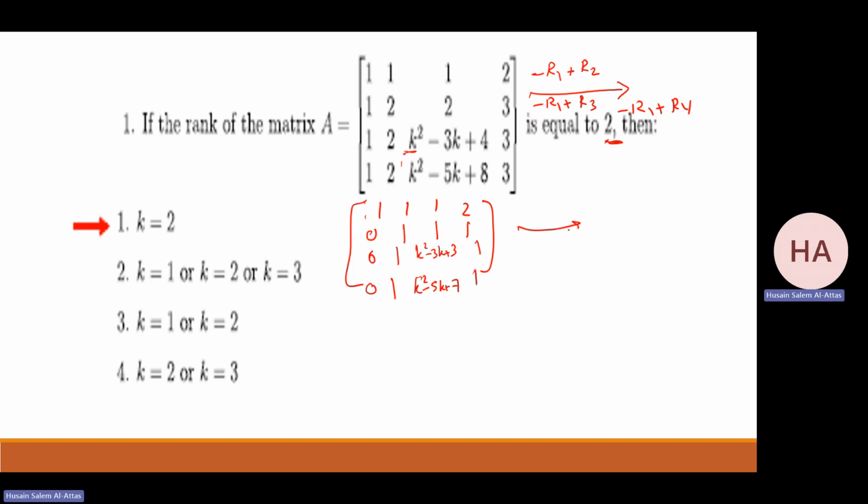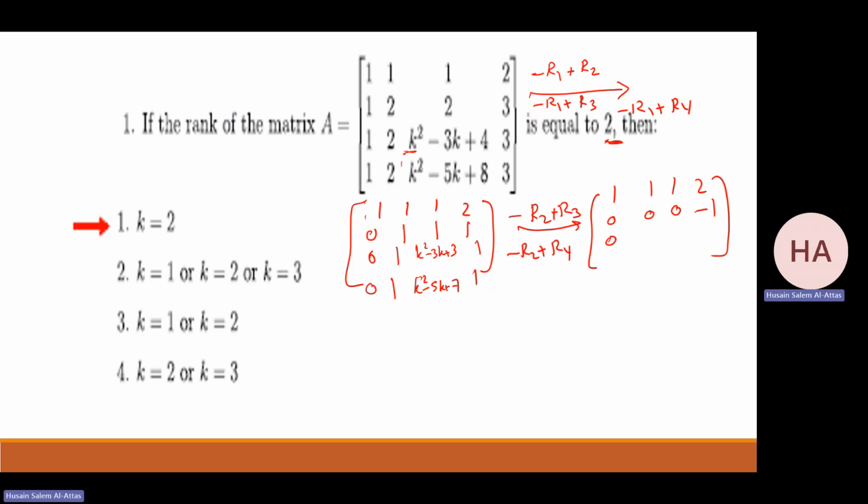Continue. So I multiply the second row by minus 1 and add it to the third. Second row by minus 1, add it to the fourth. What do I have? 1, 1, 2. I have 0. Minus 1 and add, that will be 0. Minus 1 and add, that will be 0. Minus 1 and add, that will be minus 1. Minus 1 and add, that will be 0.